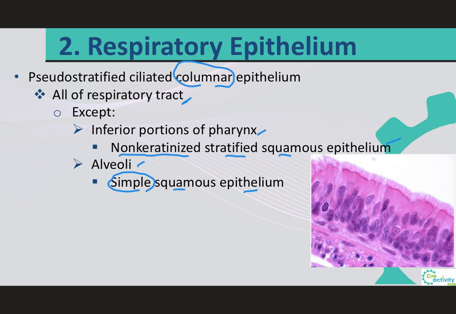Therefore, it needs to be a single cell layer with very flat cells. That's why it's squamous epithelium. But we will talk more about the alveoli in the next module.